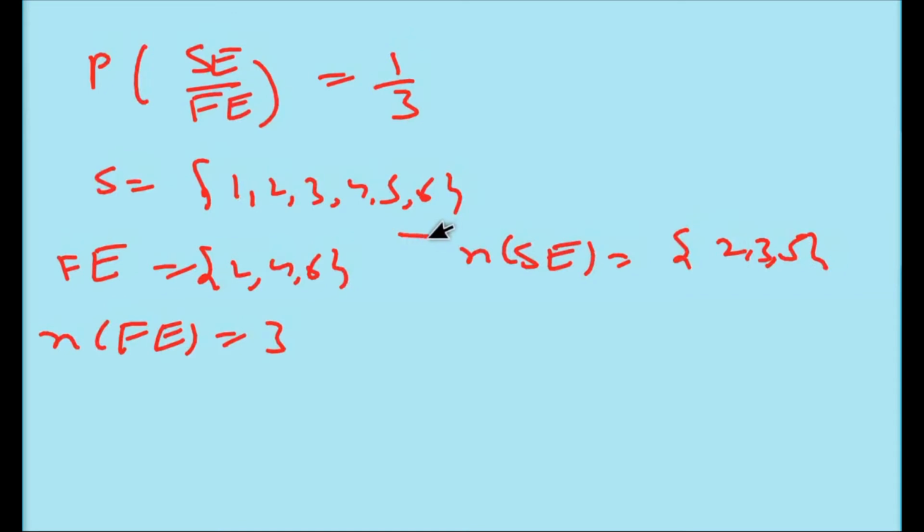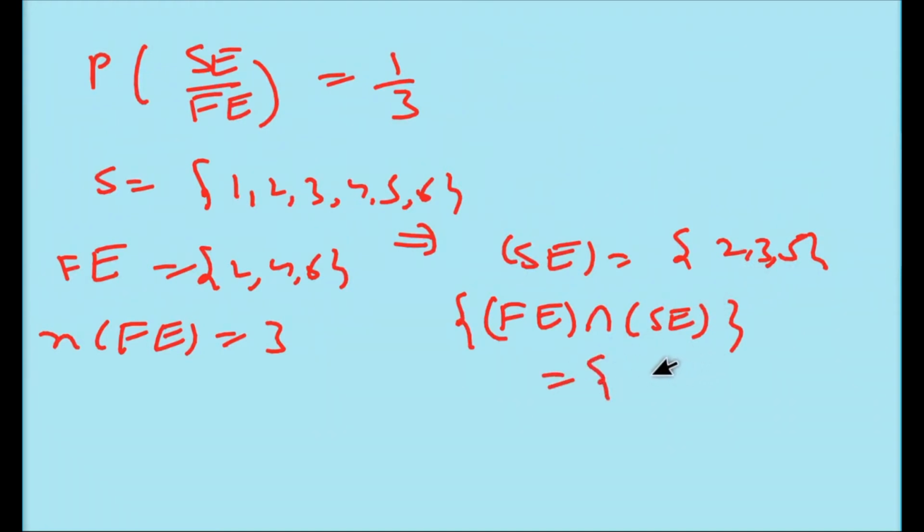Now the first event intersection second event is 2, so n of first event intersection second event is 1.